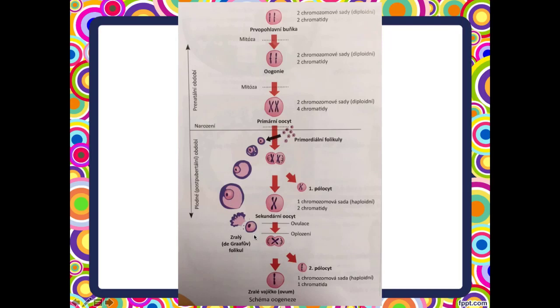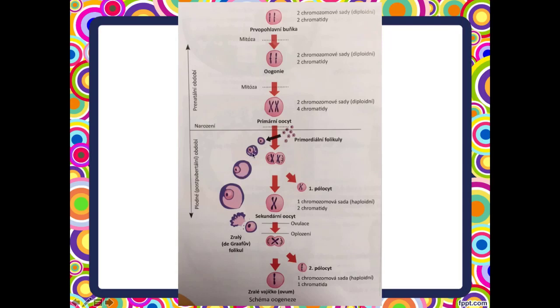Please do not be confused by the maturation of oocyte and maturation of follicles. It's not the same. So within the follicles, the primordial, primary, secondary, and tertiary, we can find the primary oocytes.